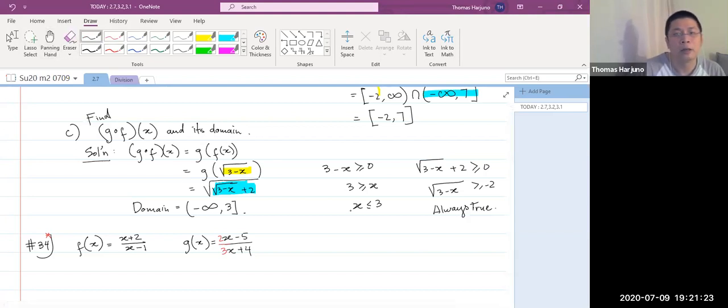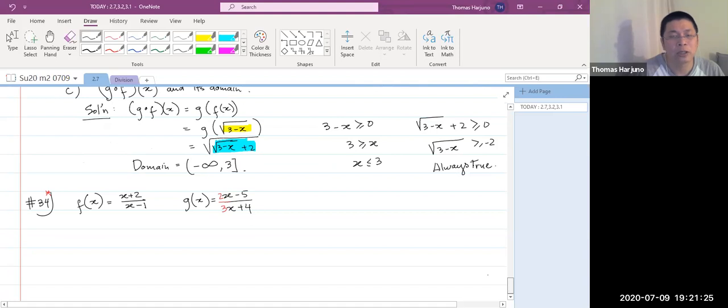And then let's say we are interested in finding f compose g and its domain.